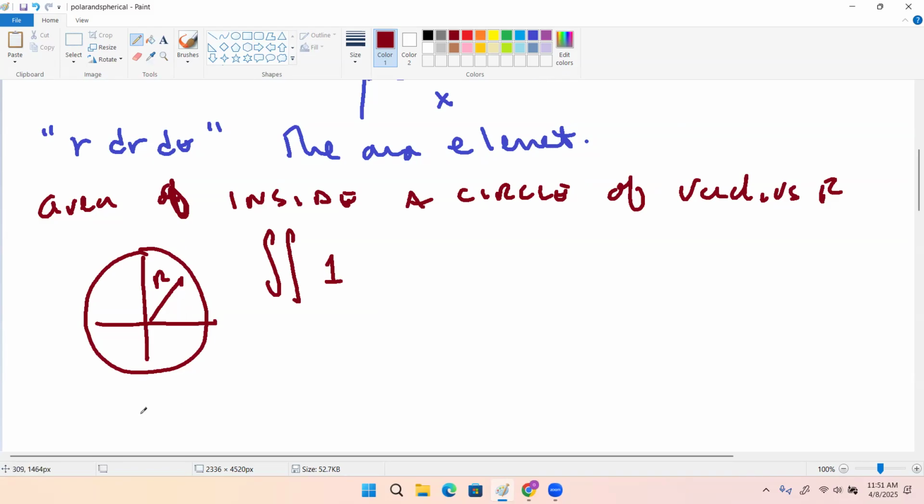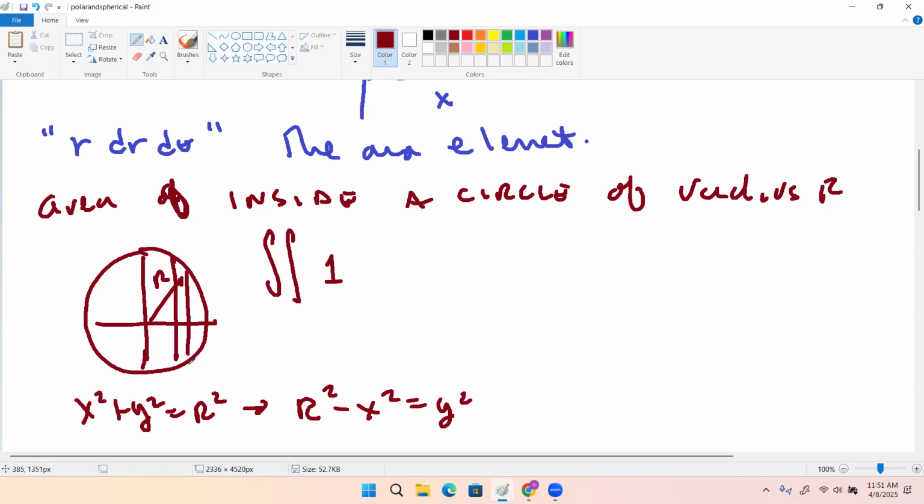And if we wanted to do dy, well, since this was the case here, this led to r squared minus x squared is y squared. So if we sliced in this direction using rectangular coordinates, y went from minus the square root of r squared minus x squared to the square root of r squared minus x squared. And then the x goes from minus r to r. And this was dy dx.